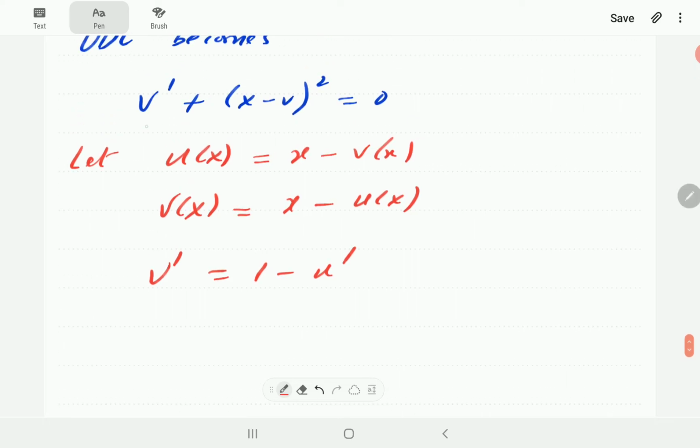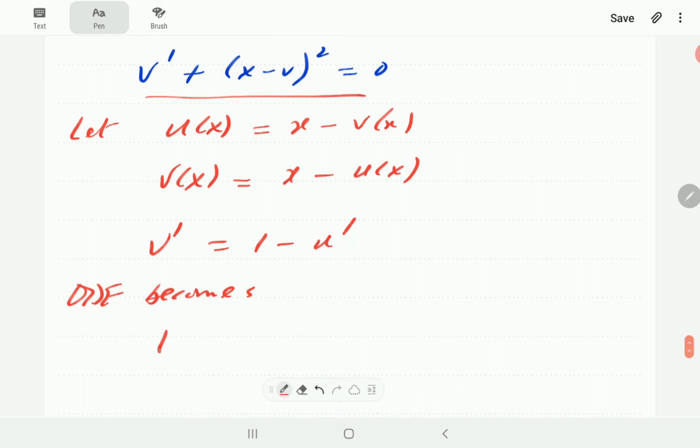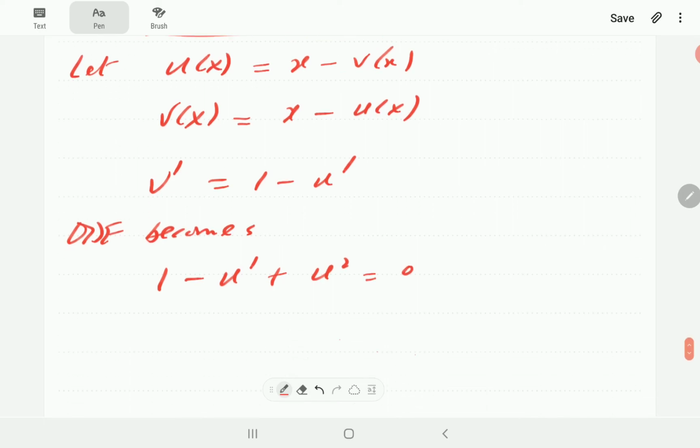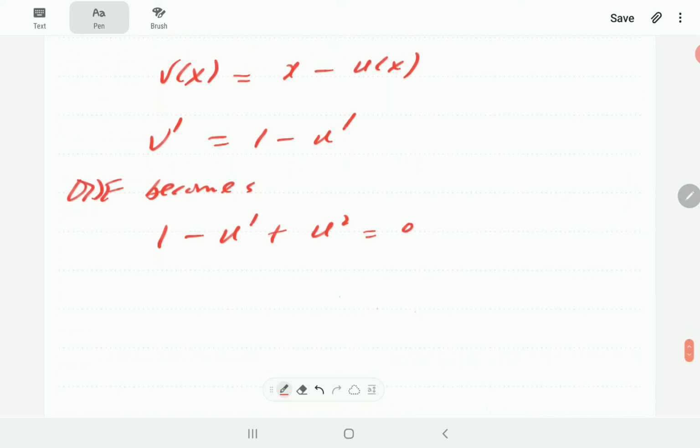So if we substitute into this, the ODE is now going to be: the first term is 1 minus u prime, the second term is u squared, equal to 0. This is looking a bit better now.